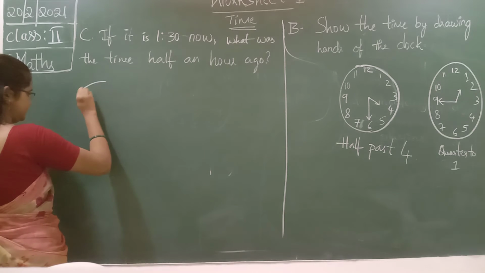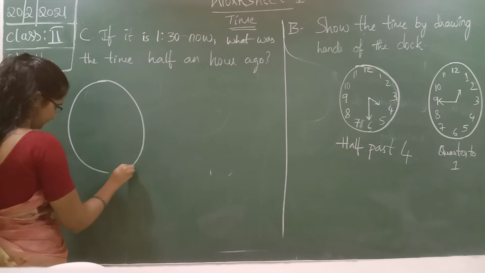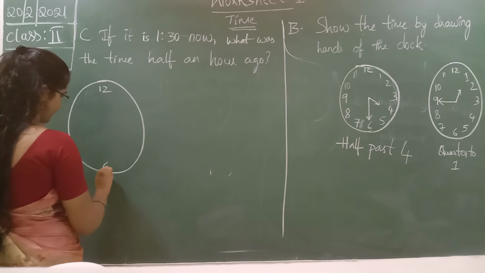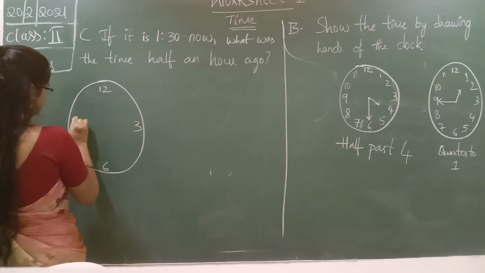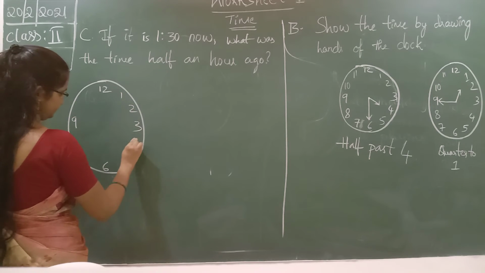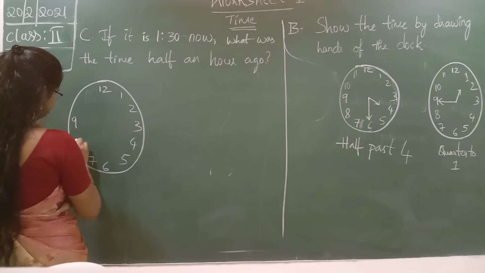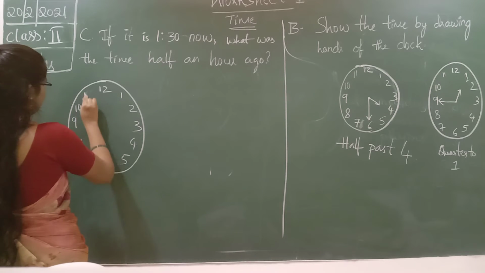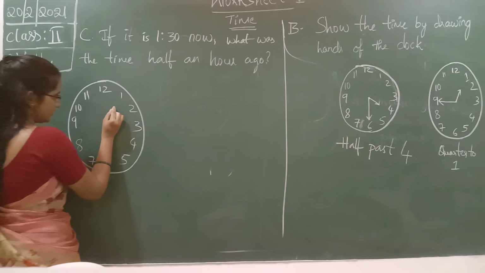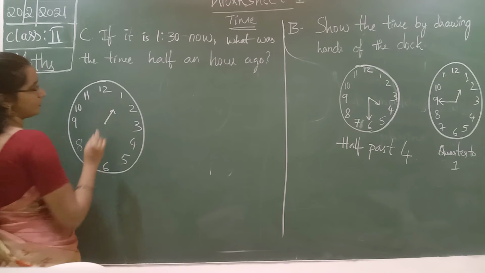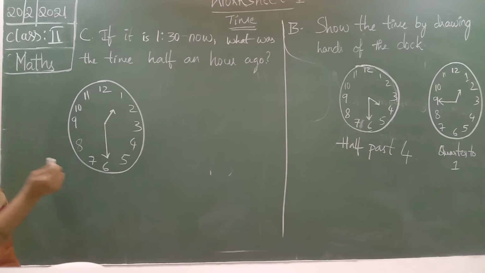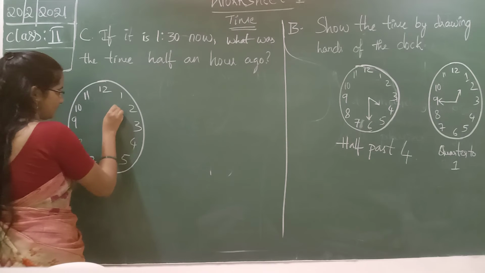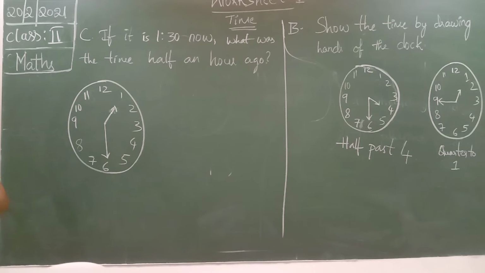Okay, I'll write 1:30. 1:30 should be represented at 6. See the diagram carefully.